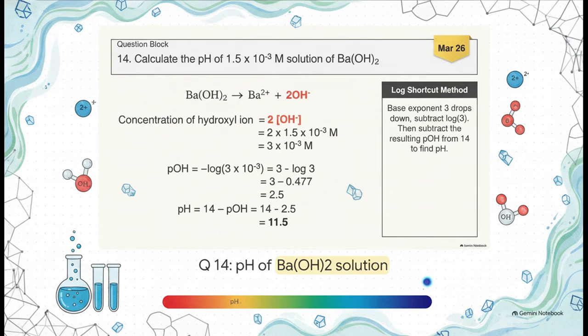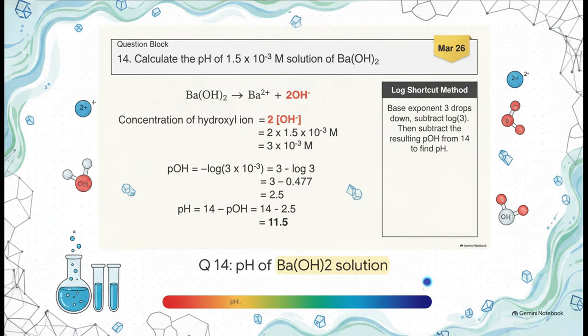Concentration of hydroxide ion equals 2 times Ba(OH)2 concentration equals 2 times 1.5 times 10 to the power of negative 3 M equals 3 times 10 to the power of negative 3 M. pOH equals negative log of 3 times 10 to the power of negative 3 equals 3 minus log 3 equals 3 minus 0.477 equals 2.5. pH equals 14 minus pOH equals 14 minus 2.5 equals 11.5.